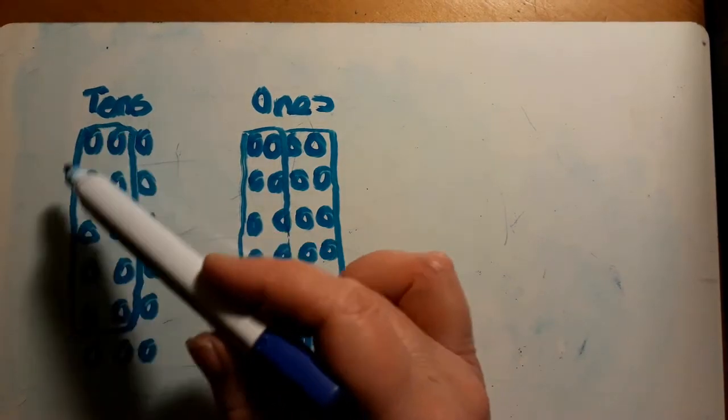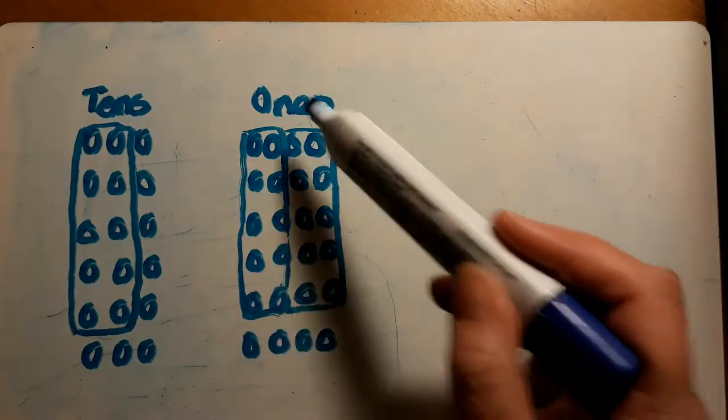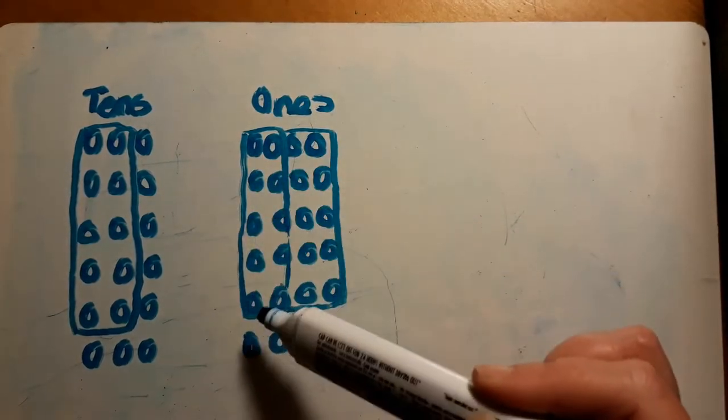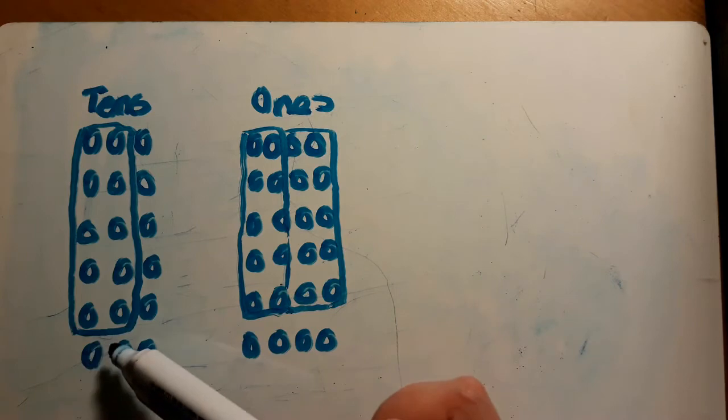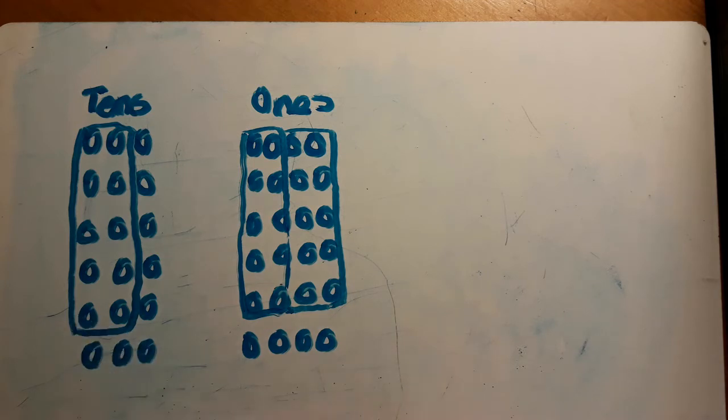And there you can see the tens, these counters are all worth 10. These are the ones, so each counter is worth 1. I've grouped these tens, 10 counters to show the 100.